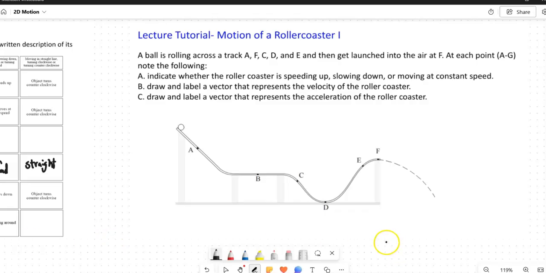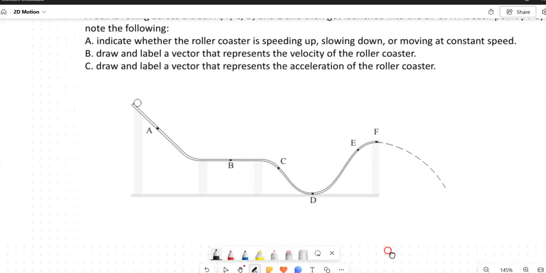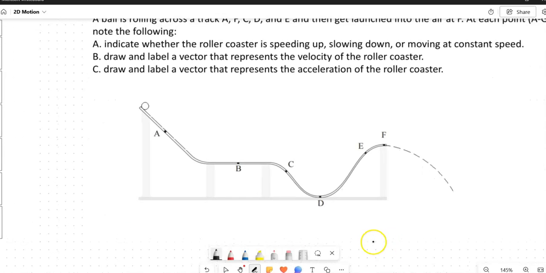But in here, you're supposed to indicate the velocity vectors, the linear velocity vectors, and the linear acceleration vectors at each one of these points, A, B, C, D, E, and F. And it looks like you're also supposed to indicate whether it's speeding up, slowing down, or constant velocity. So let me get you started.